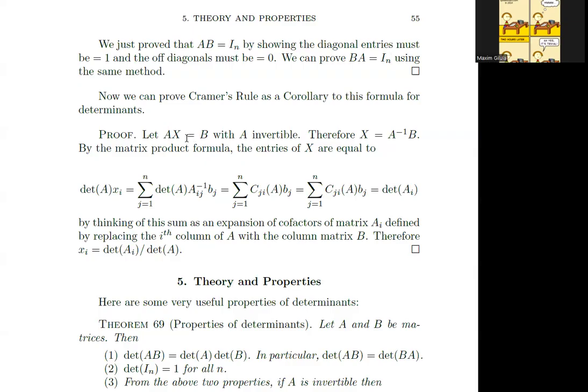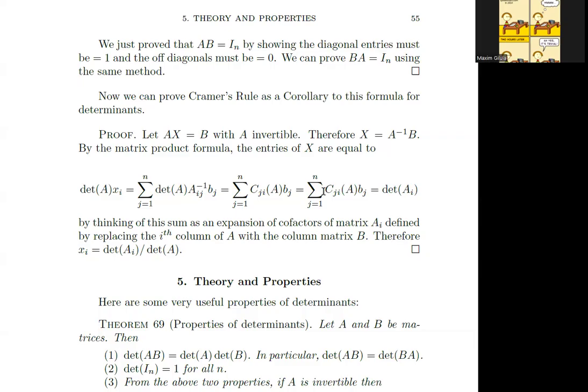So let AX equals B. So X is A inverse B. By the matrix product formula, the entries of X must be equal to this. I write out what Xi is in terms of a sum. So I'm multiplying determinant on both sides just to make the writing a little easier, not having a fraction later. Then Aij inverse is Cji divided by determinant.